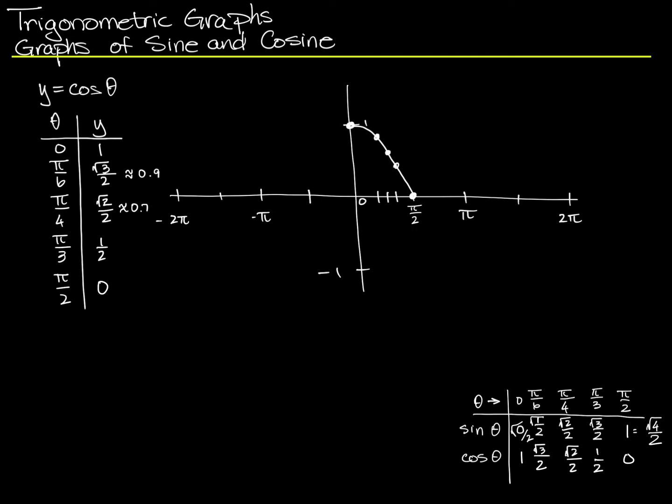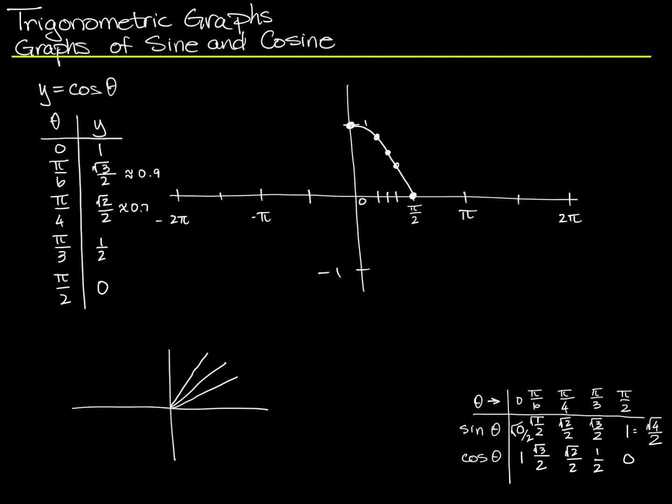If I continue, that was quadrant 1. There's pi over 4, pi over 6, and pi over 3. And so I have 0, pi over 6, pi over 4, pi over 3, and pi over 2 for cosine.